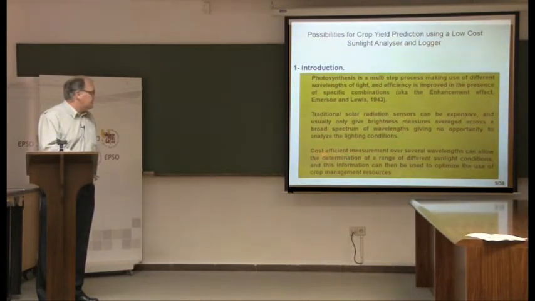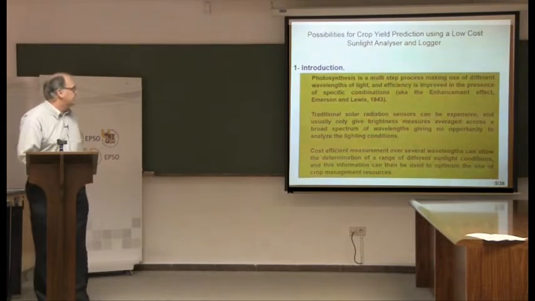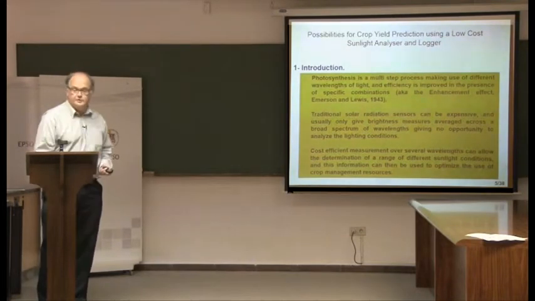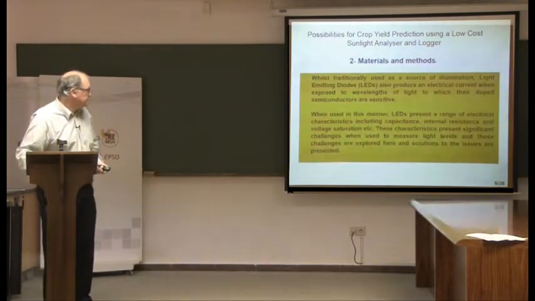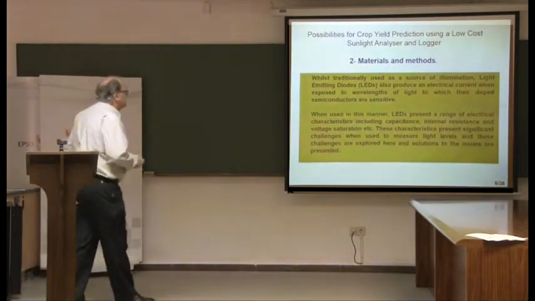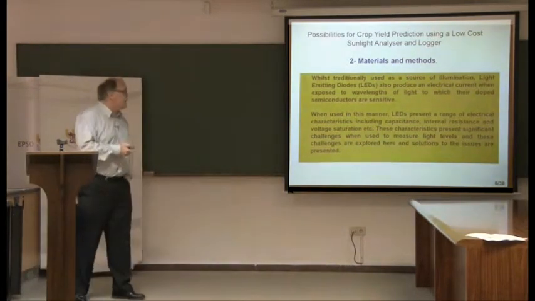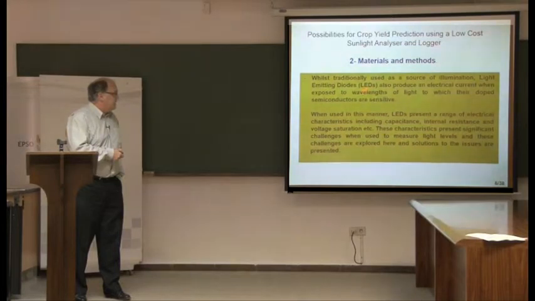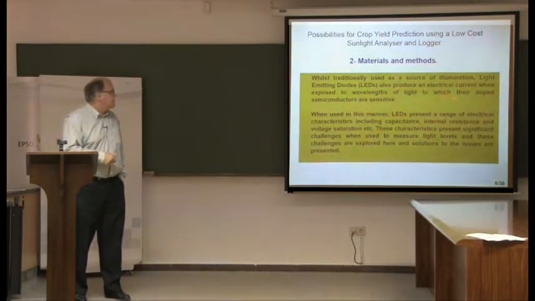What we're looking at here is the cost-efficient measurement over several wavelengths to try and determine a range of different sunlight conditions, and then use that to optimise crop management resources. The main thing that we're going to use for this are LEDs. These are traditionally used as a source of illumination, but when they're exposed to light, they can actually produce a very small electrical current.